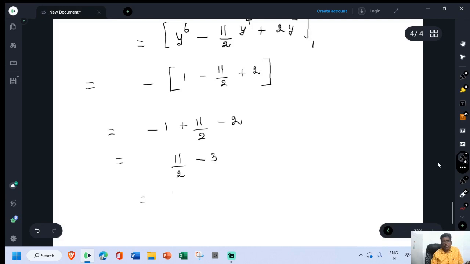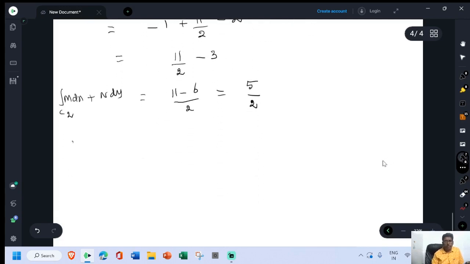This is equal to 11 minus 6 whole divided by 2, which is 5 by 2. This is the value of M dx plus N dy for C2.